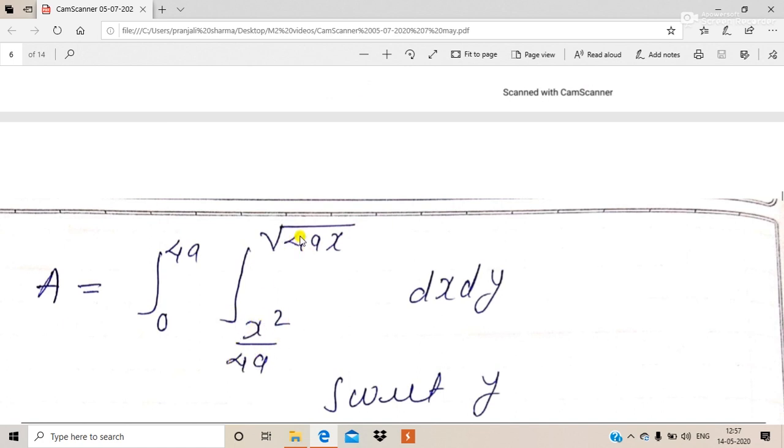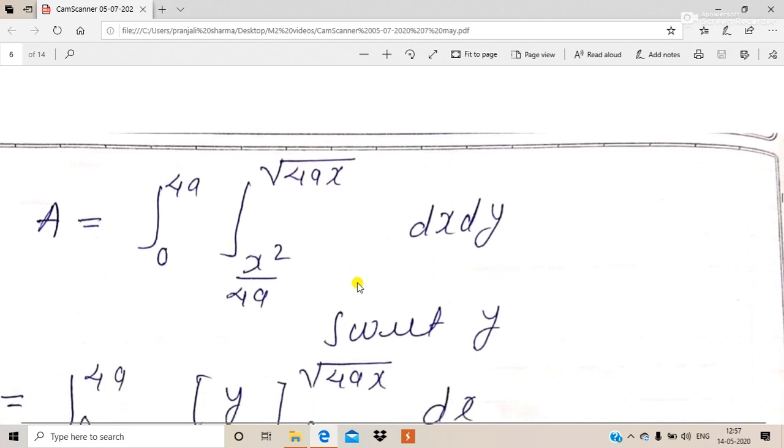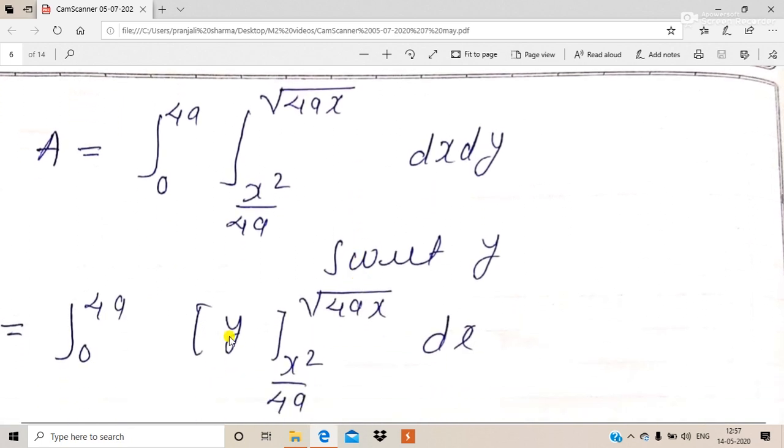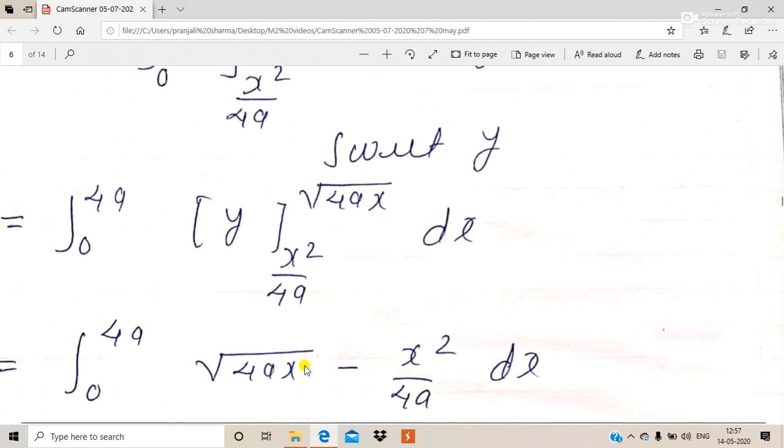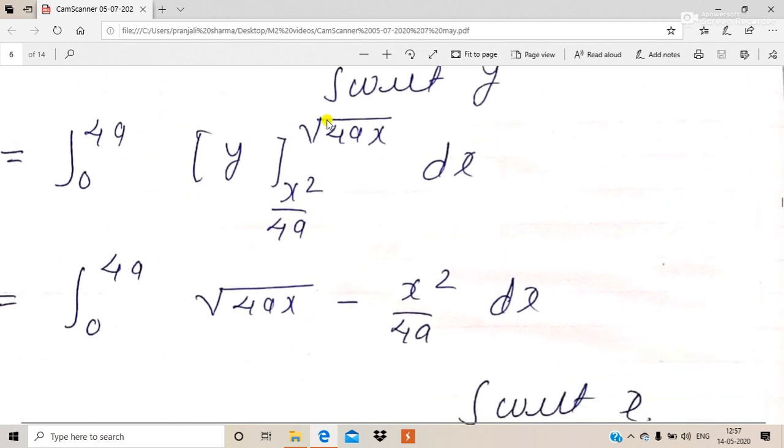Since we have the rule that we have to integrate variable limits first, we integrate first with respect to y, treating x as a constant, and the integration of 1 with respect to y will be y, and the limits are x square by 4a to root over 4ax, and we have to apply upper limit minus lower limit. If we apply upper limit minus lower limit, it will be root over 4ax minus x square by 4a.